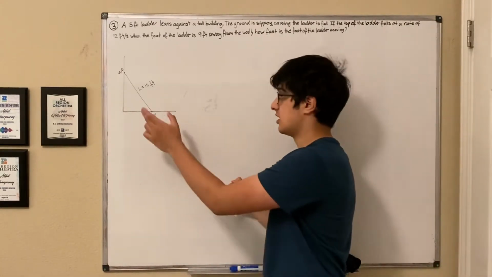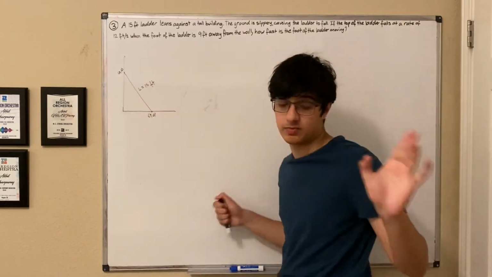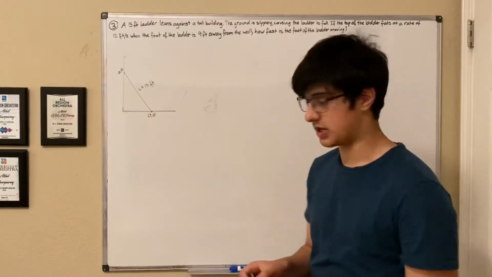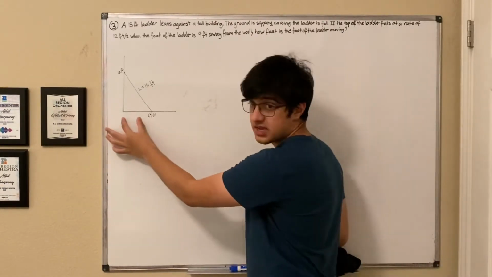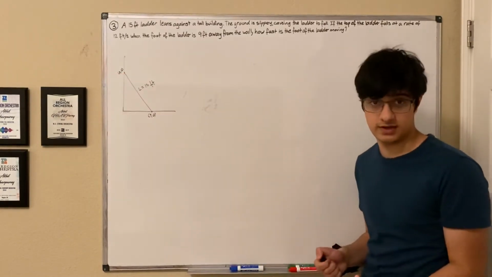Notice something here. This ladder leaning against a building sort of resembles a right triangle. But what kind of right triangle? Notice, this base is 9 feet, and this length, or hypotenuse, is 15 feet.